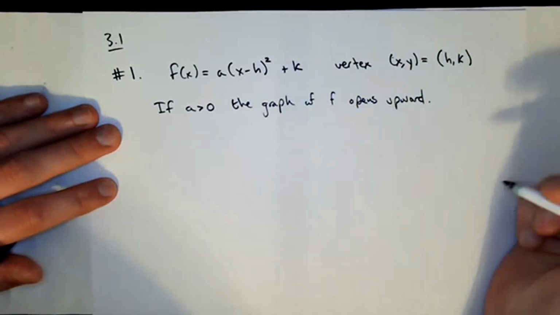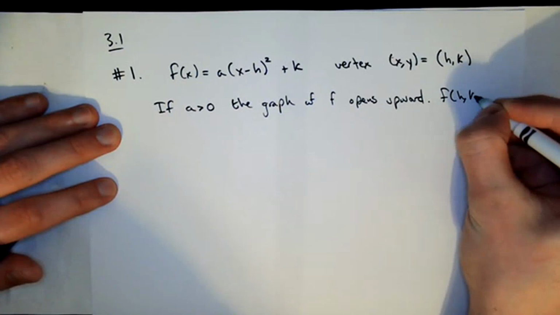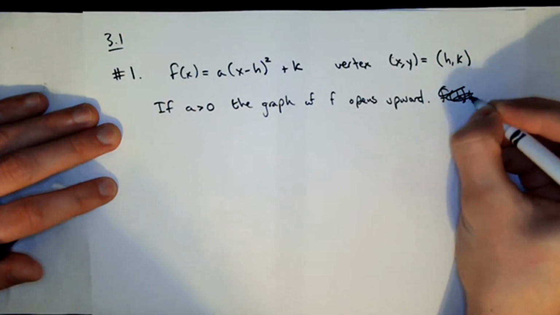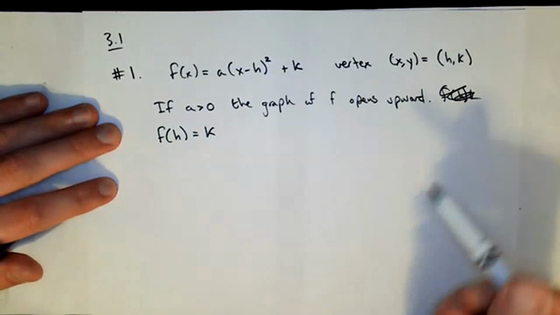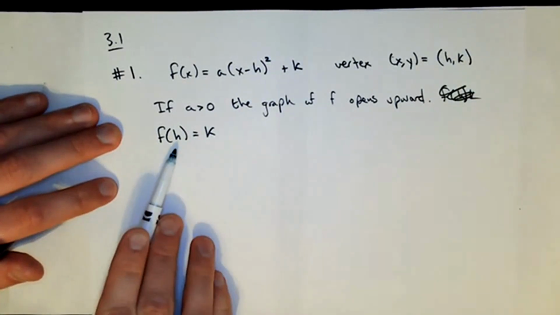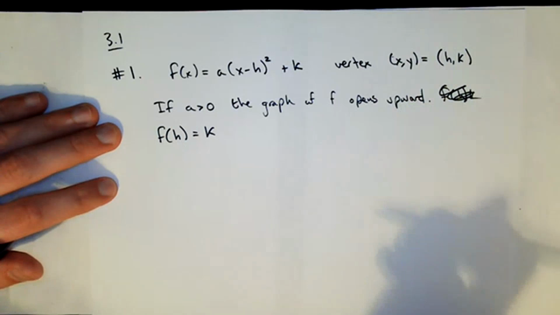Meaning the legs are pointing up. That's how I've been describing that. And then in this case, f of h equals k, let me write it down. f(h) = k, which is just saying this coordinate point, right? At this input of h, you get an output of k. That's just describing this point here.